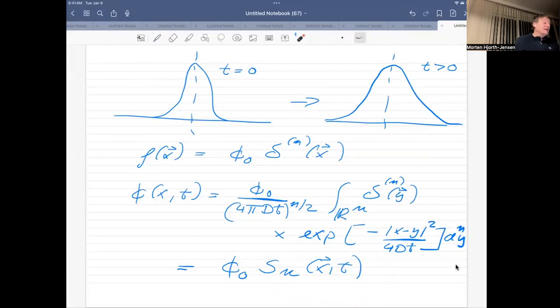So what we have then is a set of problems which can be defined for the diffusion problem in terms of this fundamental distribution, which is a Gaussian, multiplied with some kind of initial distribution.